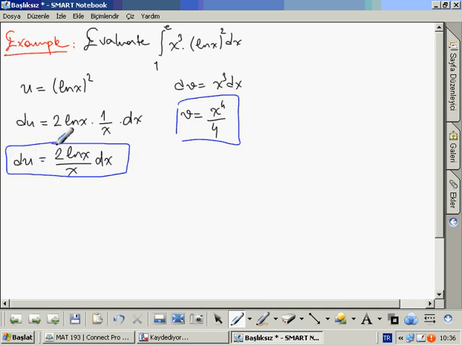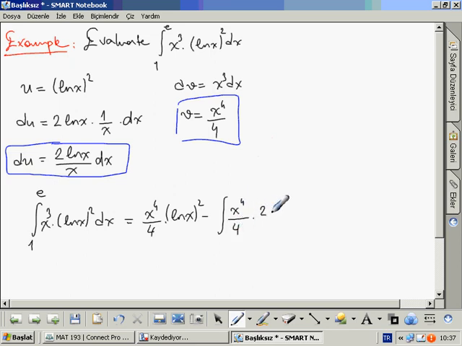And the integral from 1 to e of x cubed times ln x square del x, we know that ln x square is u and the other part is del v, so u times v, x to the 4 over 4 times ln x square, and minus integral v times del u, and that part is x to the 4 over 4 times 2 ln x over x del x, right?